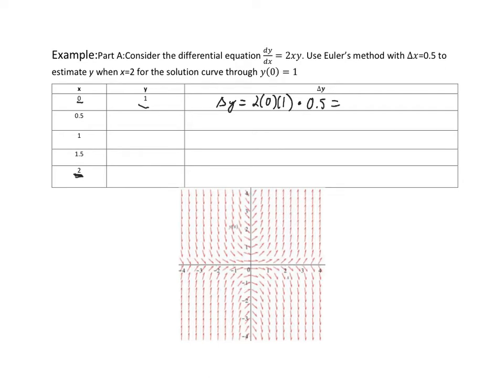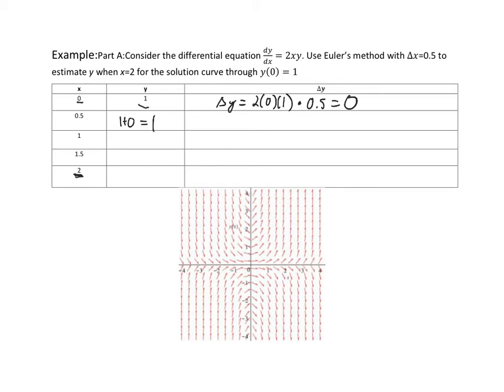So here, delta y is going to be 2 times 0 times 1, which is 0, times 0.5. Our change in y is 0. So the next y-coordinate, if we started at 1, we're going to change it by 0. The next y-coordinate would be 1 plus 0, which is 1.